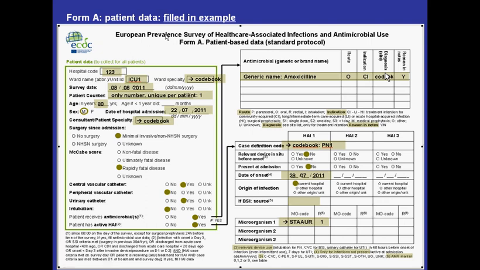And the last variable is whether or not the reason for giving antibiotics is described in the chart. In other words, did the physician write down why he has decided to prescribe antimicrobials? If the patient is taking several antimicrobials, you will begin a second or third line.